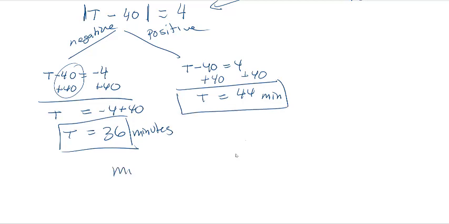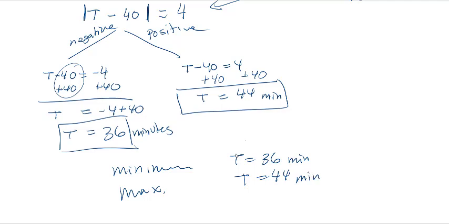The minimum length of the lesson is t equals 36 minutes, while the maximum length is t equals 44 minutes, and 44 minutes is less than 45, so we are still okay, and this is a good lesson plan.